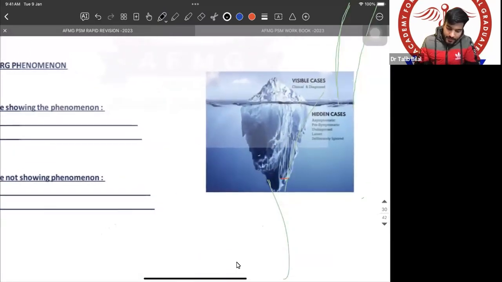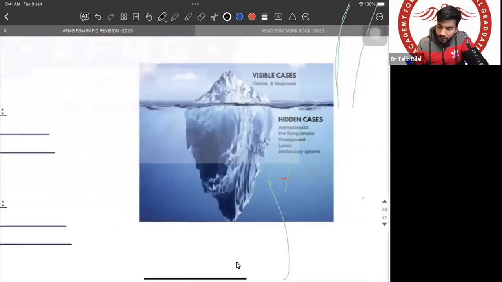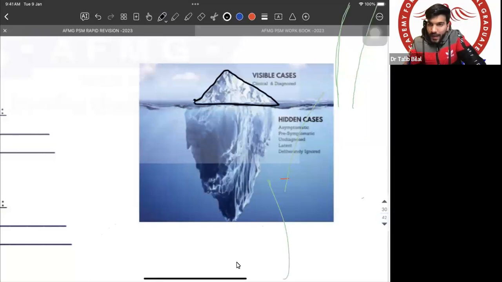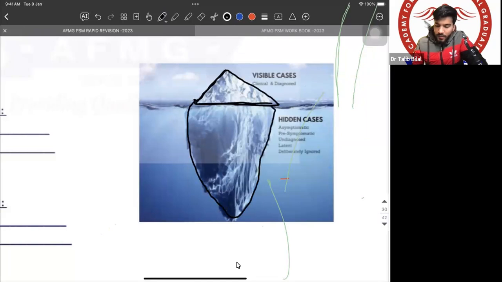This is the iceberg phenomena. The part that we can see are the visible cases that are clinically diagnosed and confirmed. The part that is submerged in the water, what are these, guys?